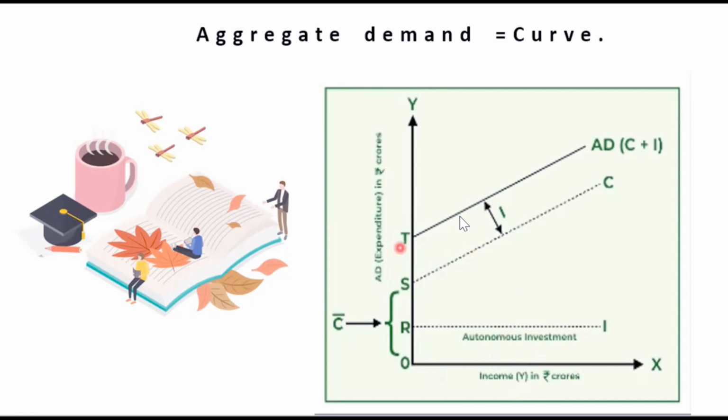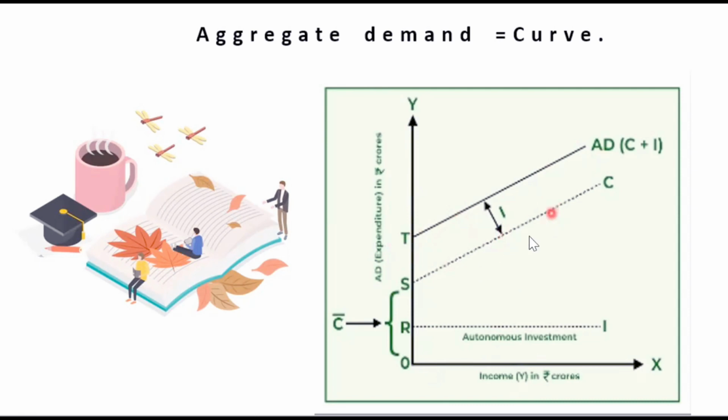Now let us come to the AD curve. You can see that the AD curve is also starting from the y-axis point T, and it is a parallel line to the consumption curve.